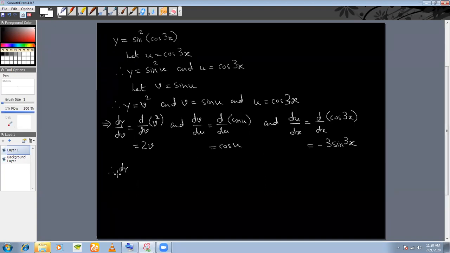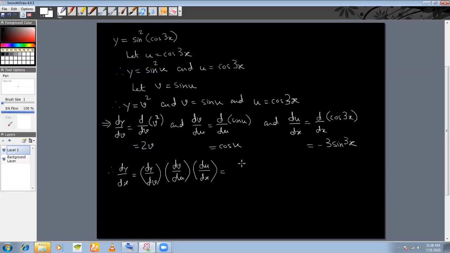Therefore, what is dy/dx? dy/dv into dv/du into du/dx. I put the value. dy/dv is 2v, dv/du is cos u, and du/dx is minus 3 sine 3x, which is equal to minus 6v cos u sine 3x.